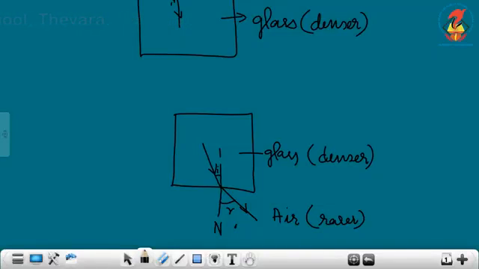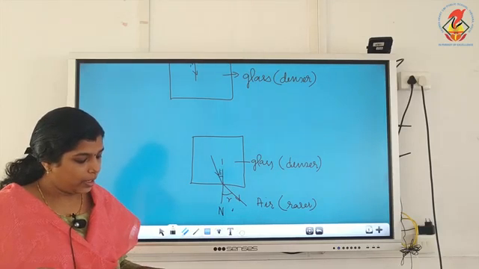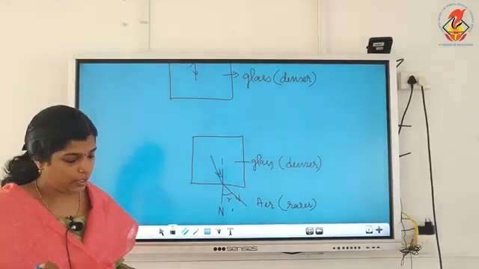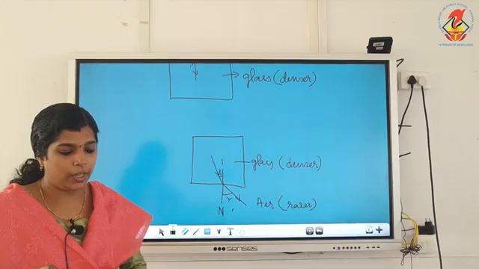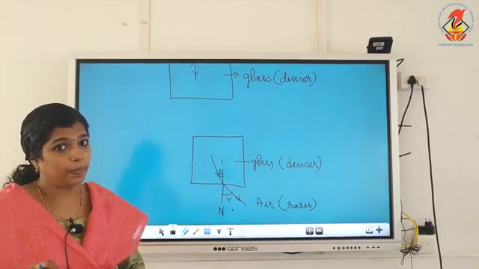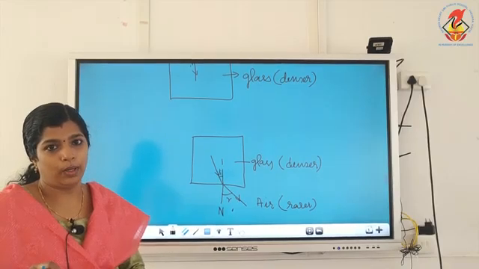Okay. So, when a ray of light enters from a denser medium to a rarer medium, it bends away from the normal at the point of incidence. A ray of light travelling from a denser medium to a rarer medium speeds up and bends away from the normal.